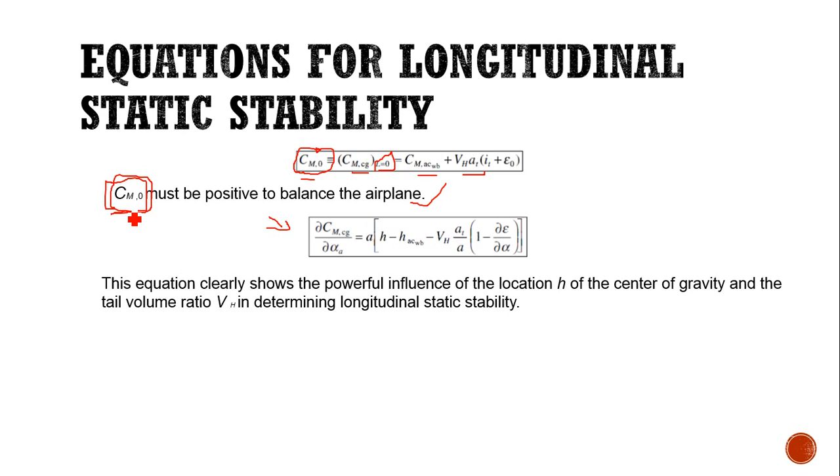So we need to substitute the values. Suppose they give the value for the downwash angle for the wing body combination, the tail setting angle, the lift curve slope for the tail, and also the volume ratio. If they give these values and you get a negative answer for Cm0, straight away you can say the aircraft is not balanced.